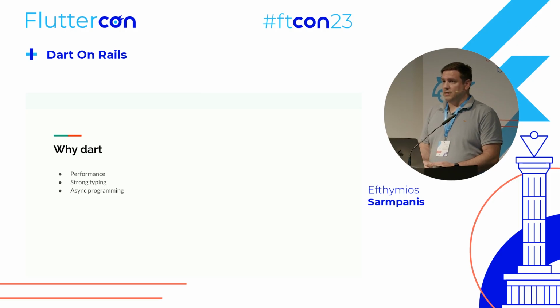And also you can have async programming using Dart. Because Dart can also be compiled with an ahead-of-time compiler into a binary, it will be easier to deploy because you could theoretically get that binary, put it in a container, and ship it.